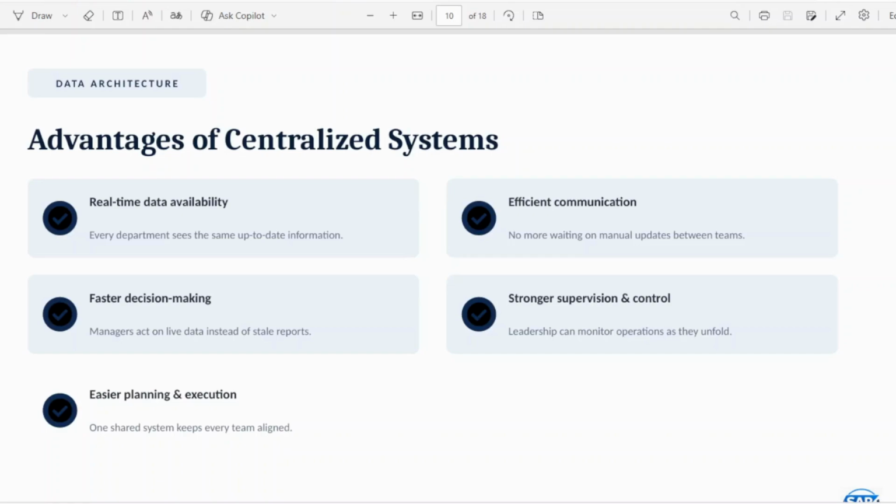Third, faster decision making because managers work with live data, no outdated reports. The fourth one, stronger supervision and control since leadership can monitor operations as they happen. And the fifth one, easier planning and execution because every team stays aligned on the same information. So it's clear between the advantages and disadvantages of centralized and decentralized systems.